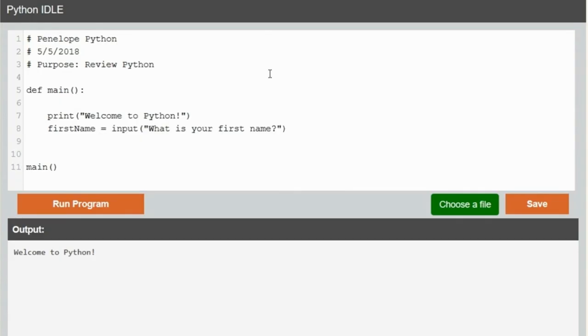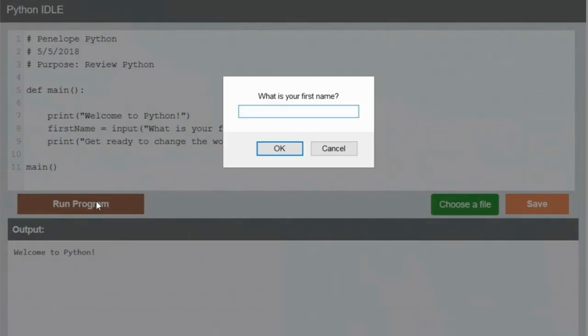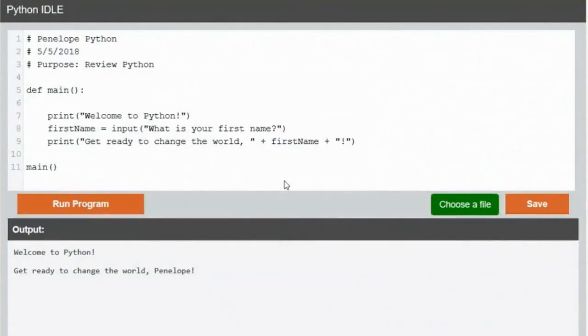On the next line, type a print statement that says, "Get ready to change the world." Then a plus sign, and the variable first name. When you select the Run Program button, the program will ask for the user's name. Once entered, the program will store that data in the variable first name, and then use it to print the string with the user's name.